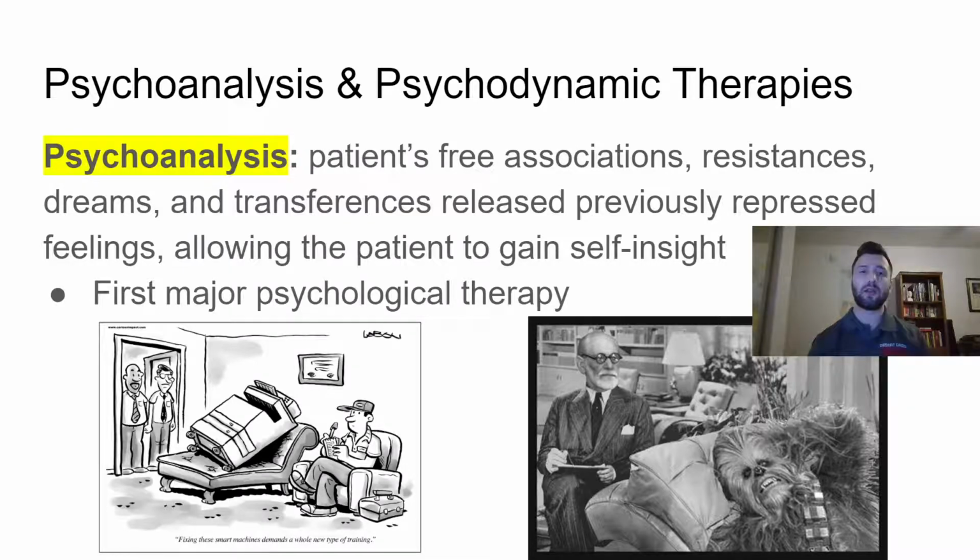The idea is that by releasing those repressed feelings, you gain insight about yourself, and then you can grow. Psychoanalysis is really important because it's our first major psychological therapy. It's the first thing that became used by psychologists or psychiatrists to treat people with disorders. And we already talked a lot about how free association works and those other aspects.